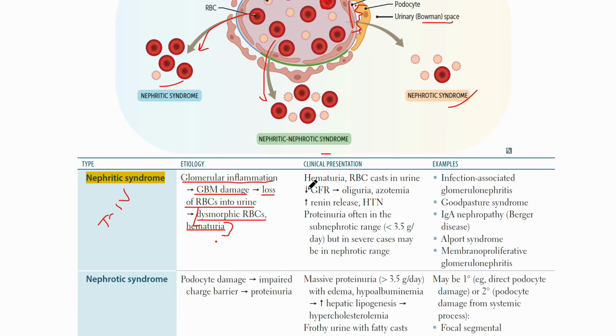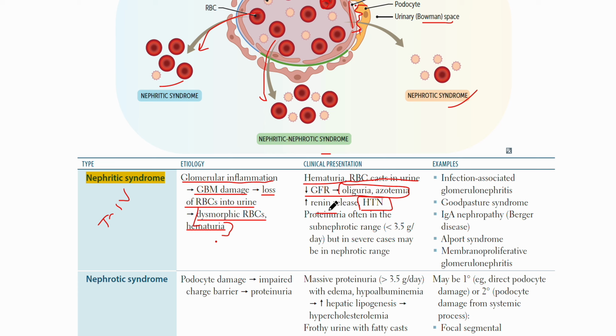So clinical presentation is hematuria, that is RBC casts are found in urine, and a decrease in GFR, which is causing oliguria and azotemia. Azotemia is an increase in blood urea nitrogen, that is what occurs because there is a filtration defect, and oliguria, because there is a decrease in filtration, as I had talked about earlier. There also occurs an increase in renin release, okay. Renin release increases and hypertension occurs.